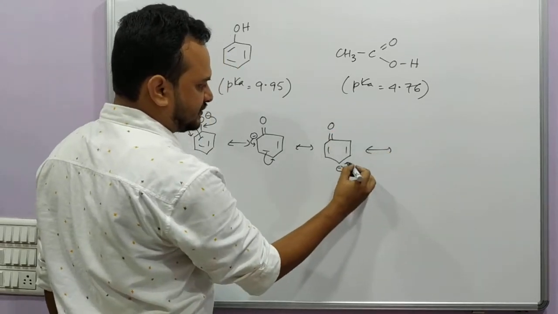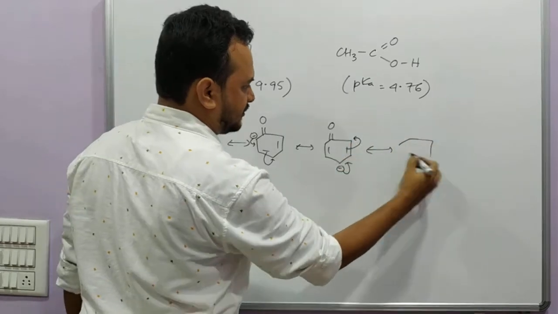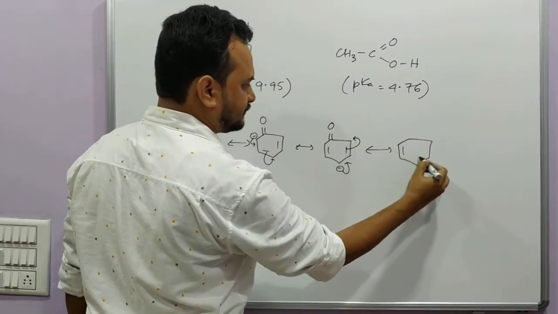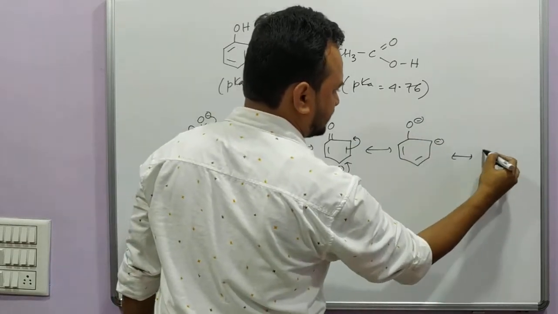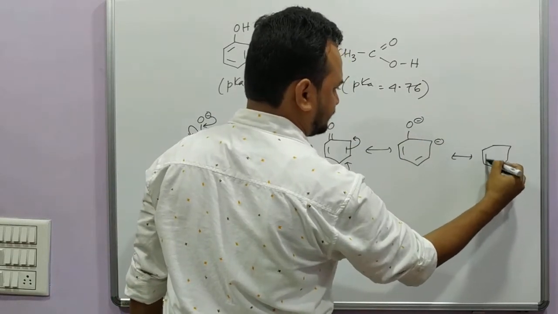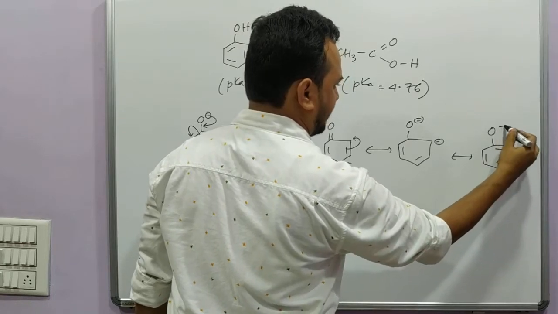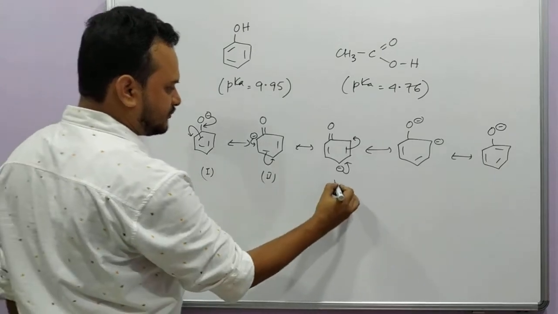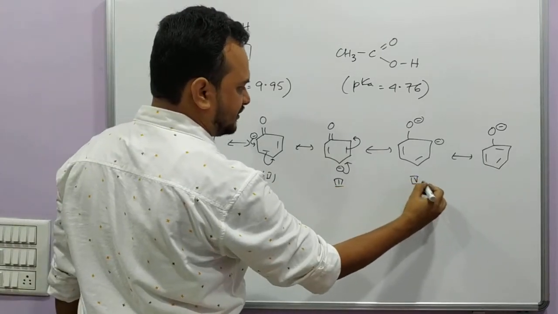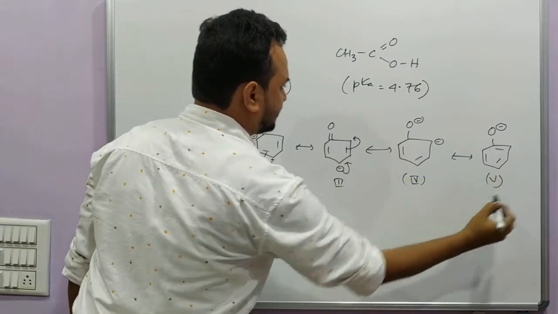After this comes the fourth structure, and then the fifth one. So we have 5 different resonating structures for the phenoxide ion, the conjugate base of phenol.